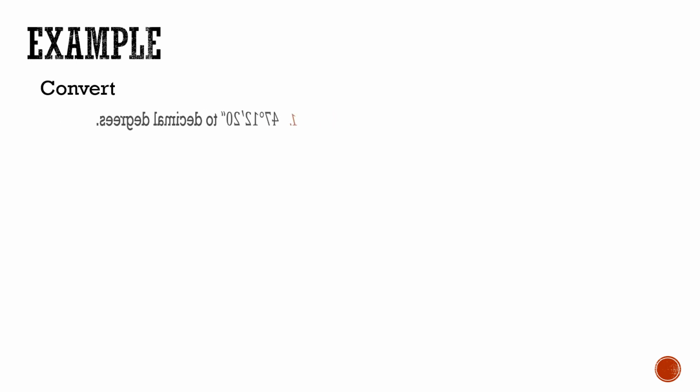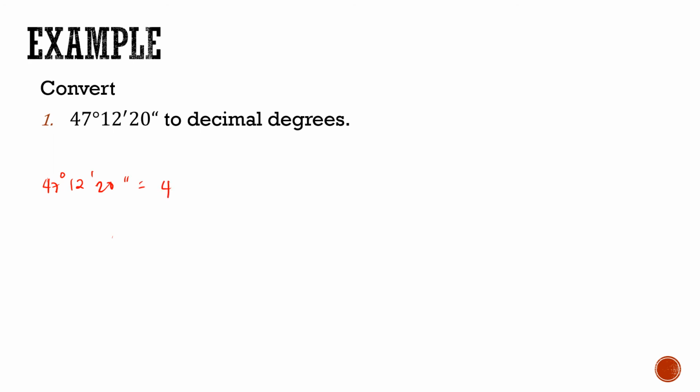Convert 47 degrees 12 minutes 20 seconds to decimal. So let's write it as 47 degrees 12 minutes 20 seconds. So this is 47 plus 12 times 1 over 60 plus 20 times 1 over 3600.